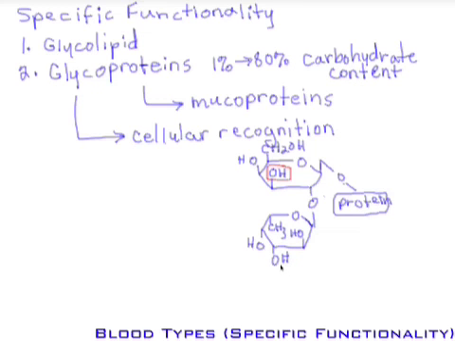Off of the protein, when that is an OH, we have what is called type O blood. But if we replace that OH and we attach another unit to it. This is down, up and up.